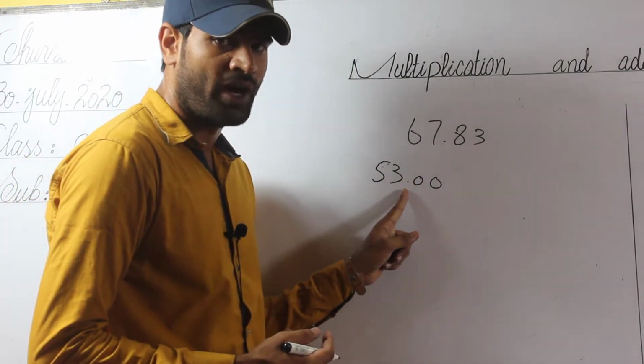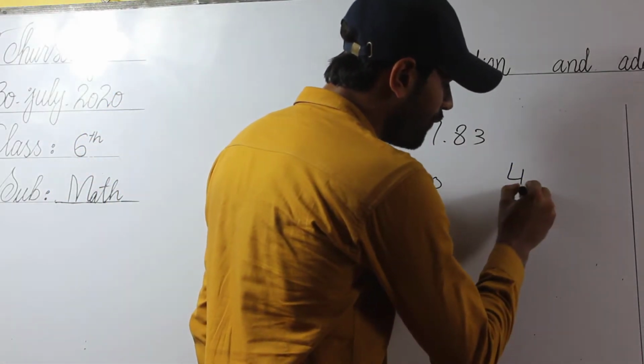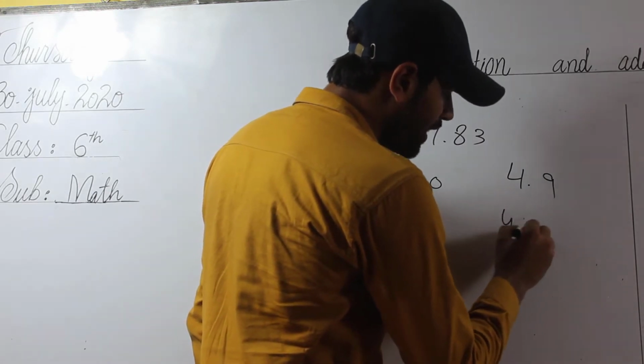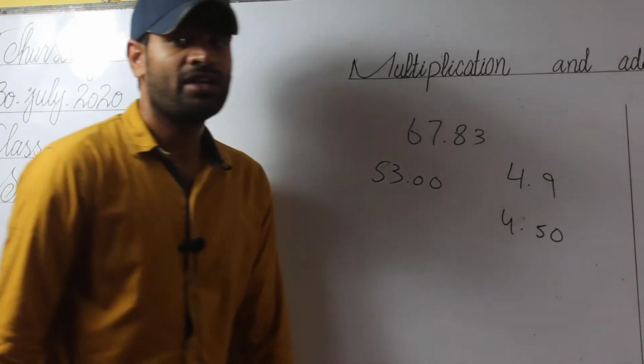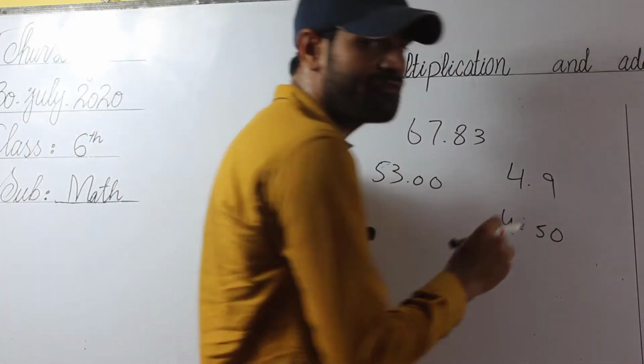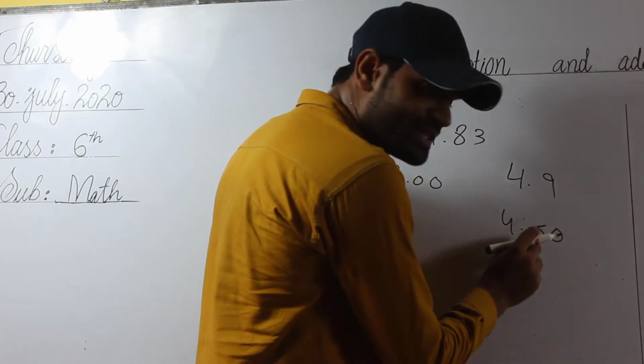And one thing more, just like I have 4.9 and a number 4.50. The amount which is greater is the one whose first digit after the point is greater. Its first digit after the point is 9, and the other's is 5.